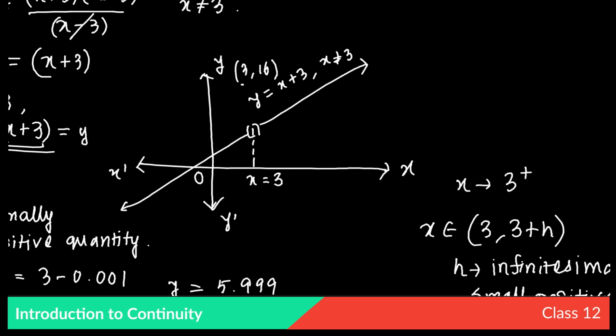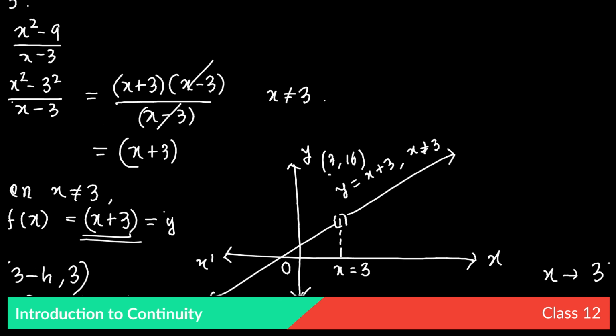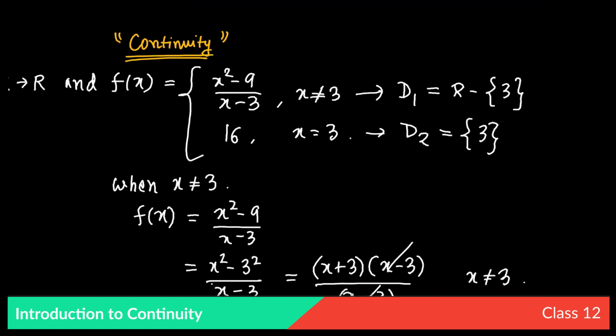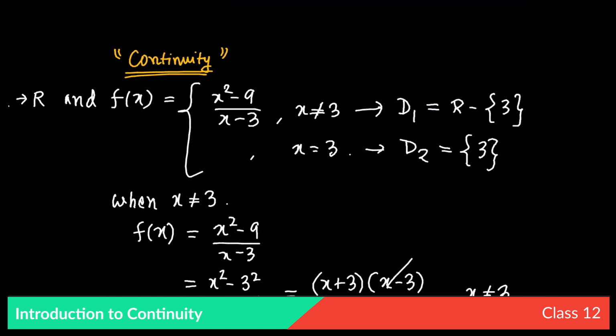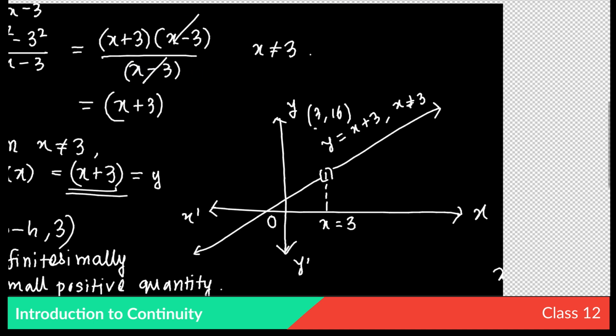In that case, we will say that the function is discontinuous at the point x equals 3. Here that is not happening because the functional value and the limiting value are the same, so we will say that the function is continuous at x equals 3.